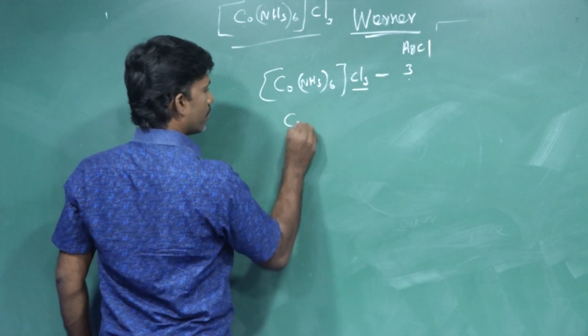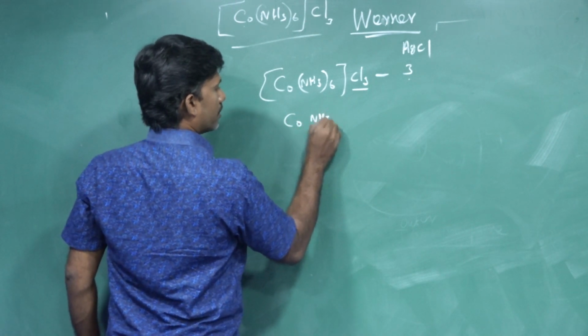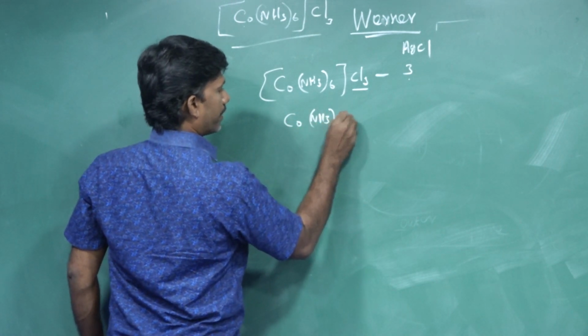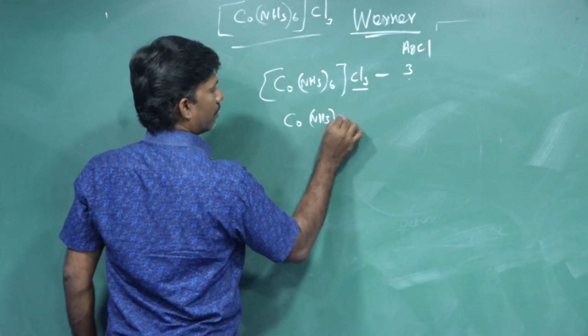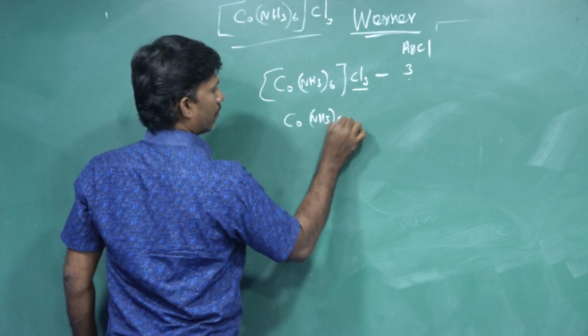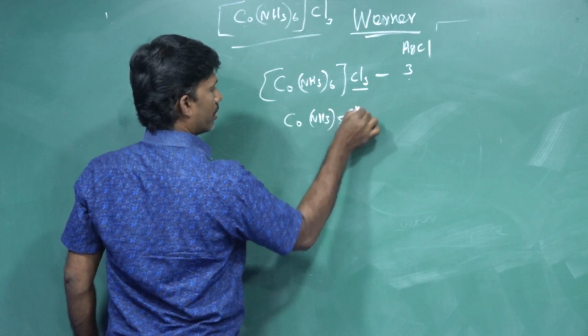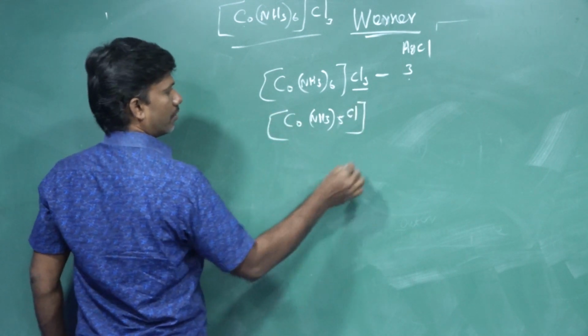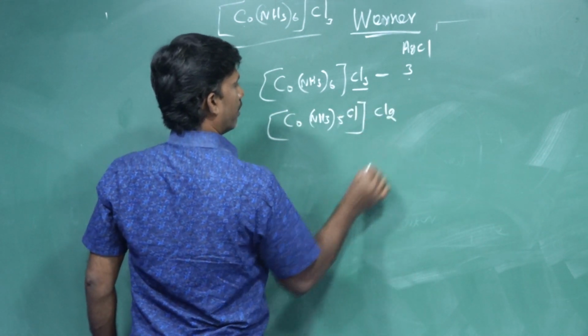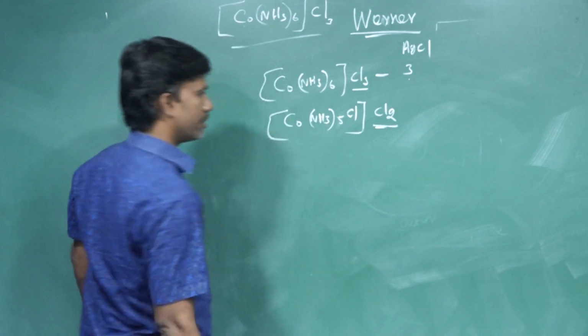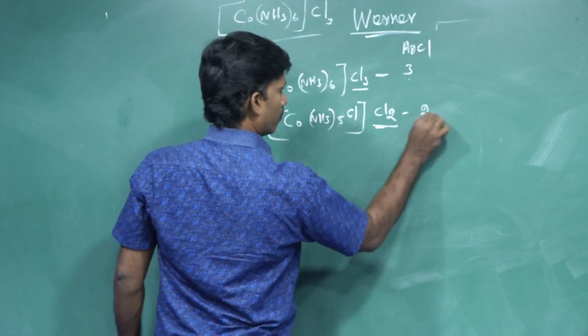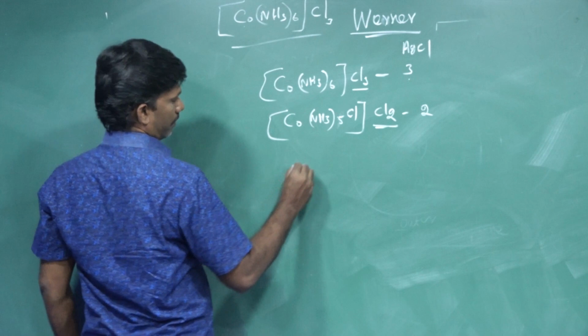Then Co(NH3)5Cl and Cl2. Here, if you see, the ionizable valence will be 2, so it will give us 2 moles of AgCl.